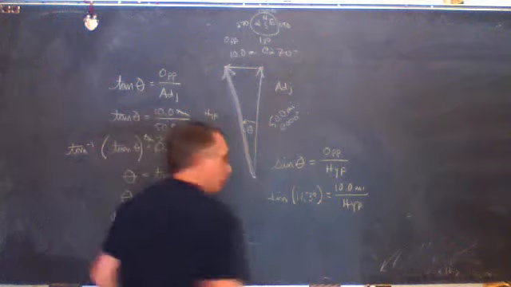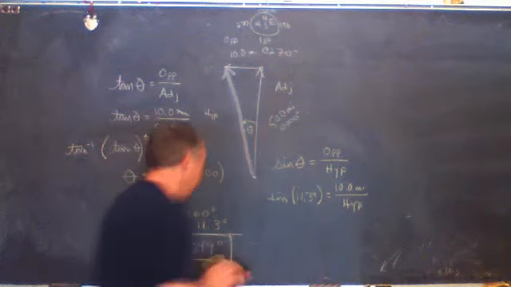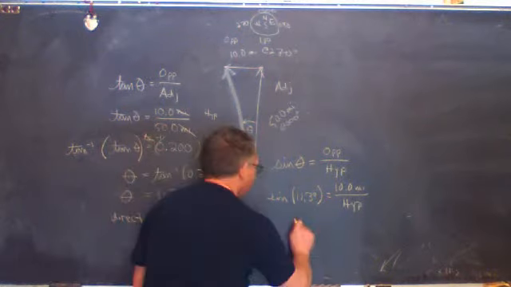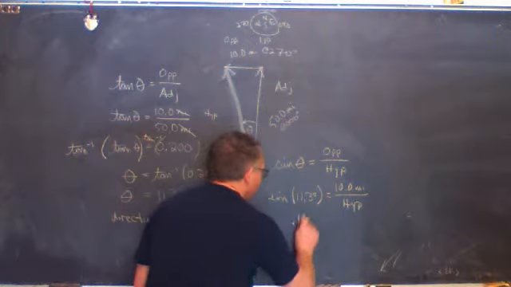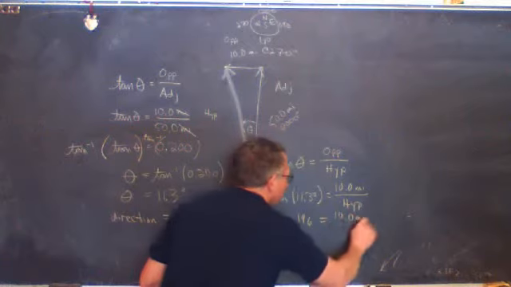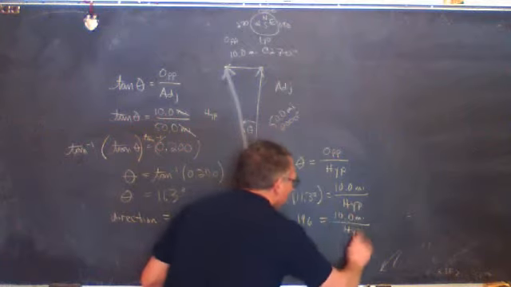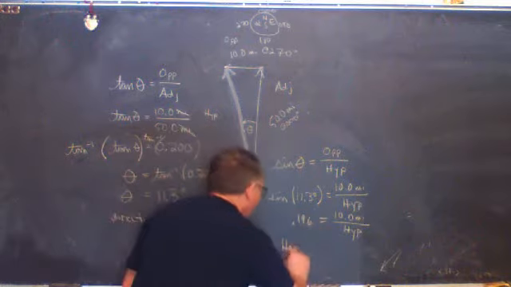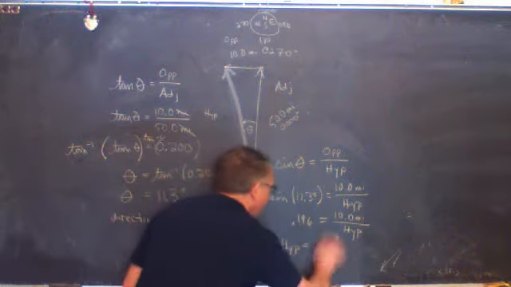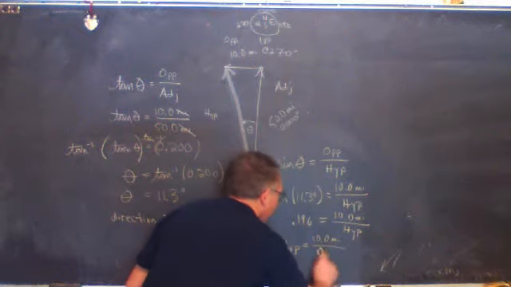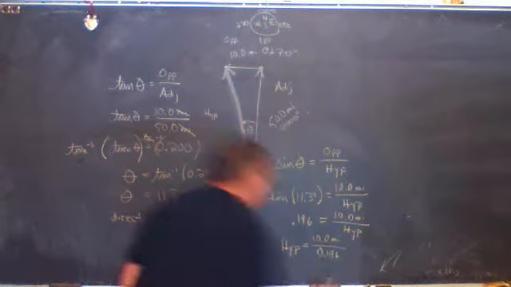So I just punch the number into the calculator, sine of 11.3 degrees, and that is 0.196. Just a number. 0.196 equals 10.0 miles over the hypotenuse. And then I'm going to just solve for the hypotenuse. So the hypotenuse equals 10.0 miles divided by 0.196.